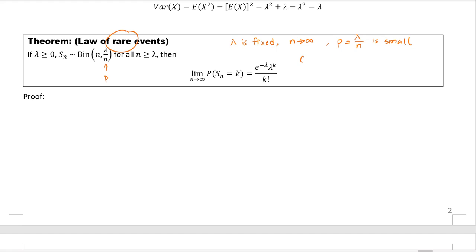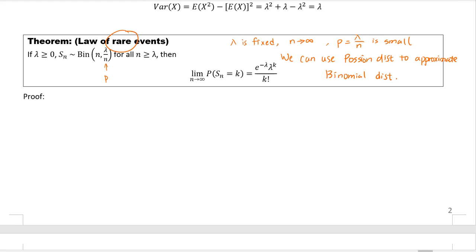In this case, we can use the Poisson distribution to approximate the binomial distribution. This is the theorem of the law of rare events.